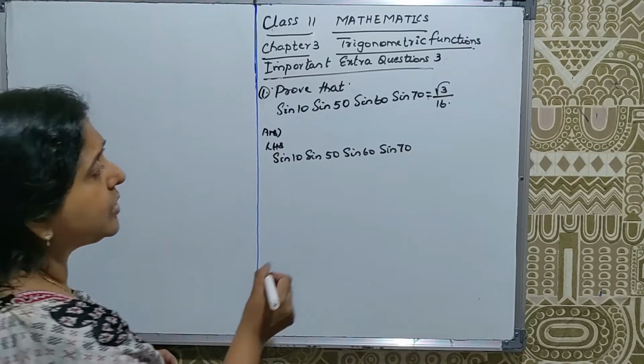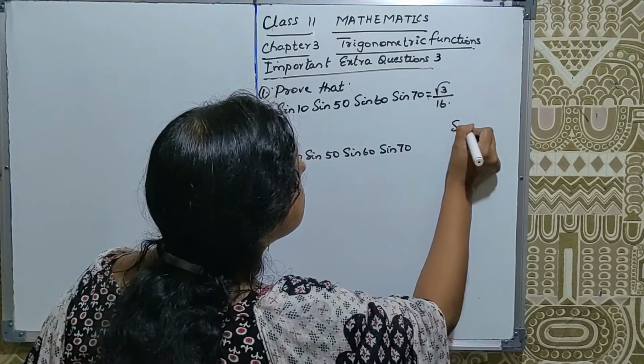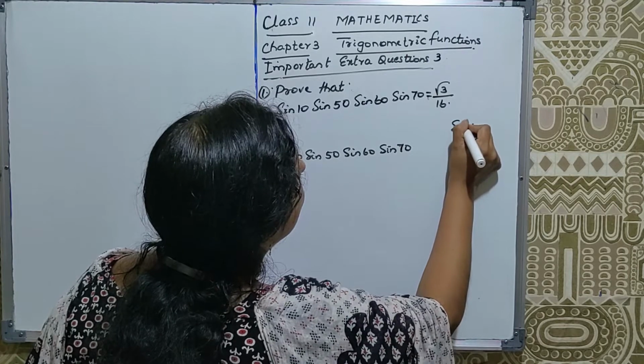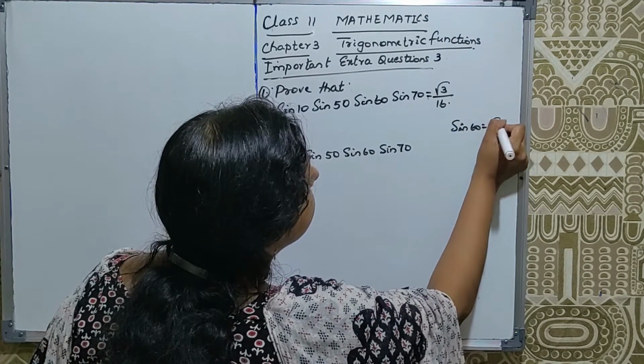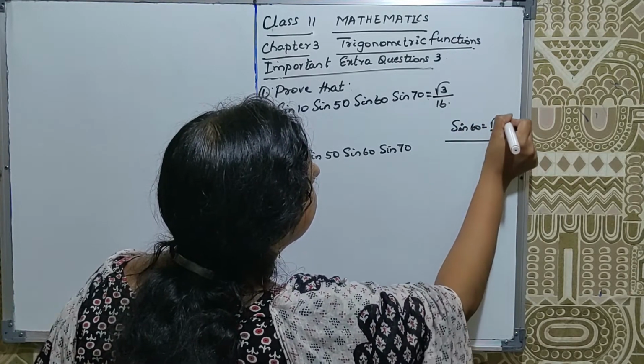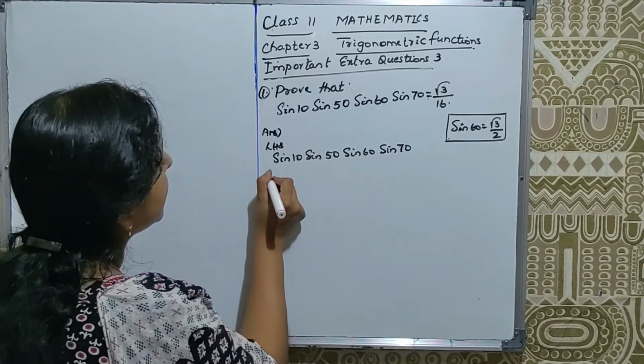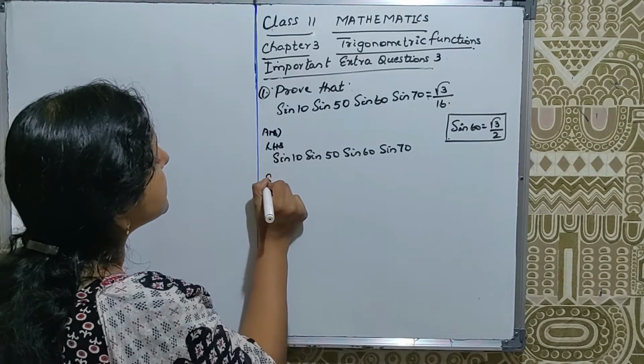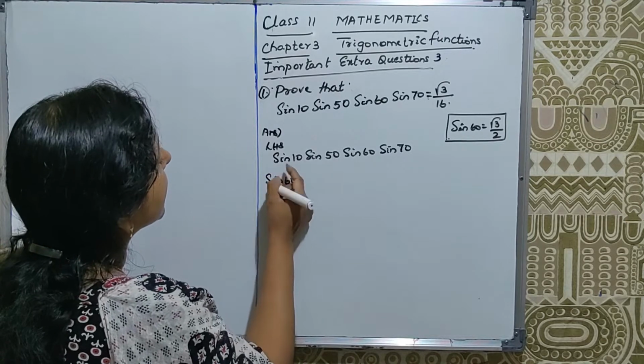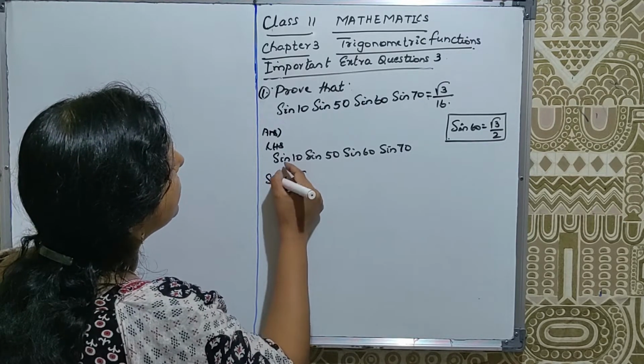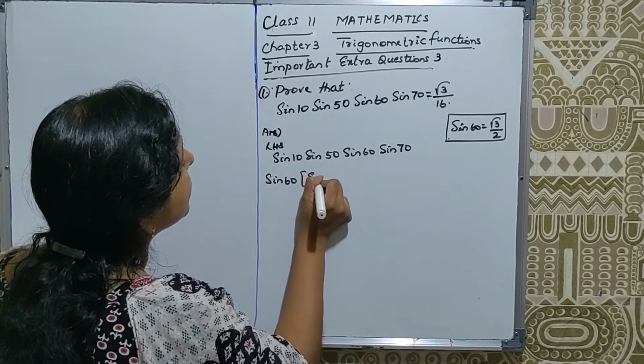Sin 60's value you know. Sin 60 is root 3 by 2. So we will write sin 60 first. And again, out of sin 10 and sin 50, sin 50 is bigger.